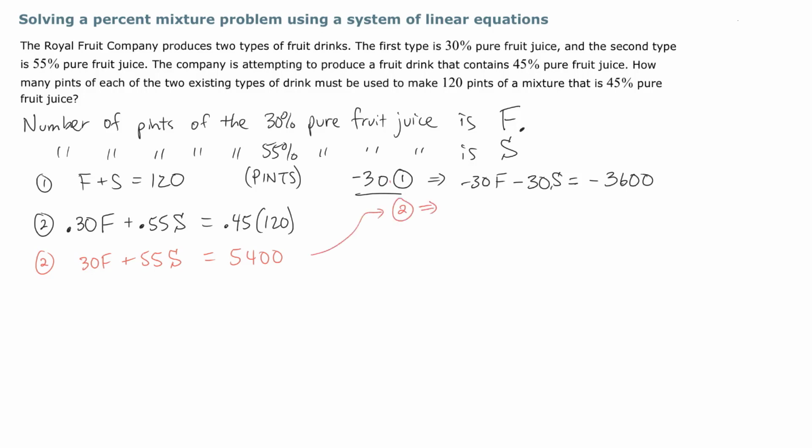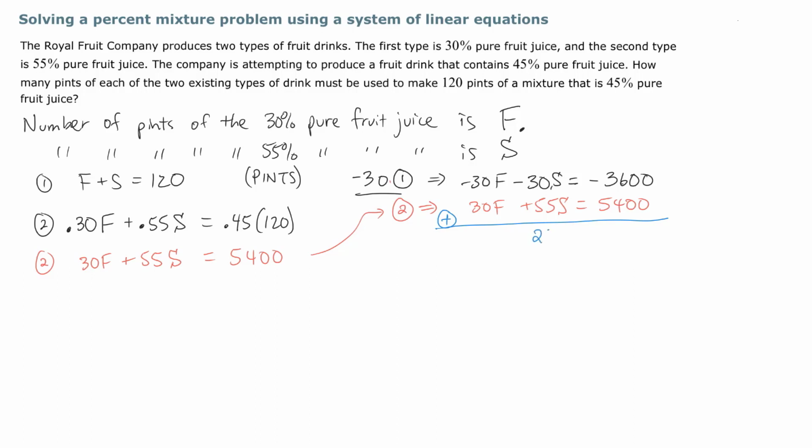Okay, we're going to take equation 2 over here and just simply put it right below it, and then we will add the equations vertically, and that's why we often call this the addition method. If you add the equations vertically, you temporarily eliminate f, and we could solve for the number of pints of the second type of juice.